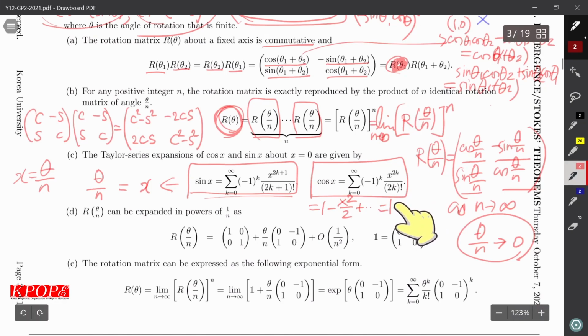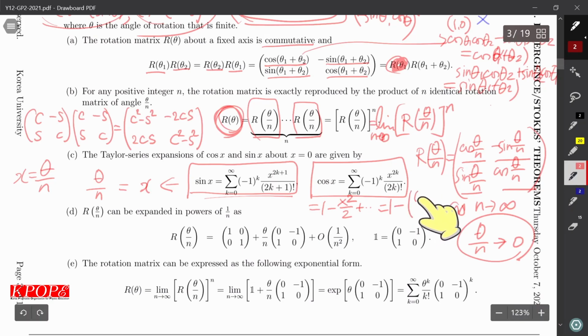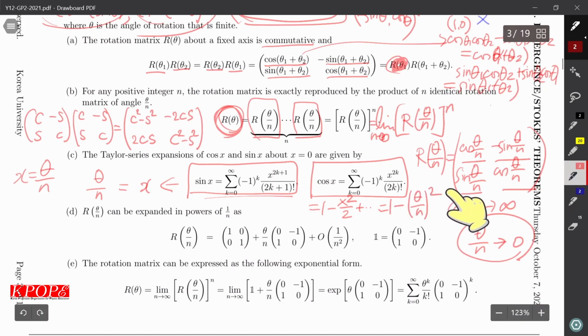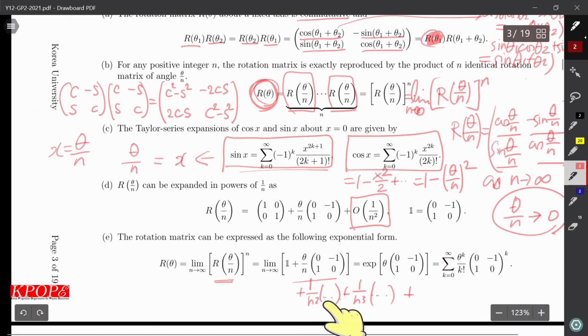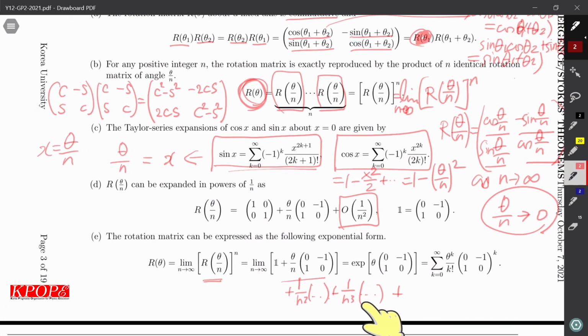So this is 1 minus theta squared over 2n squared. Any higher order piece in the expansion, with 1 over n squared or 1 over n cubed, are all vanishing.